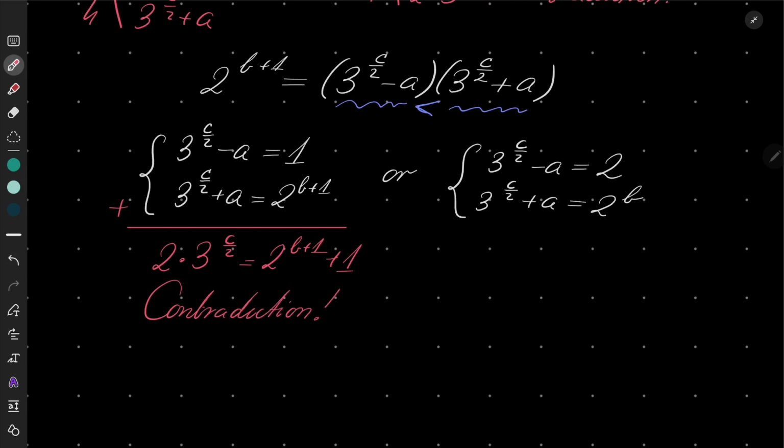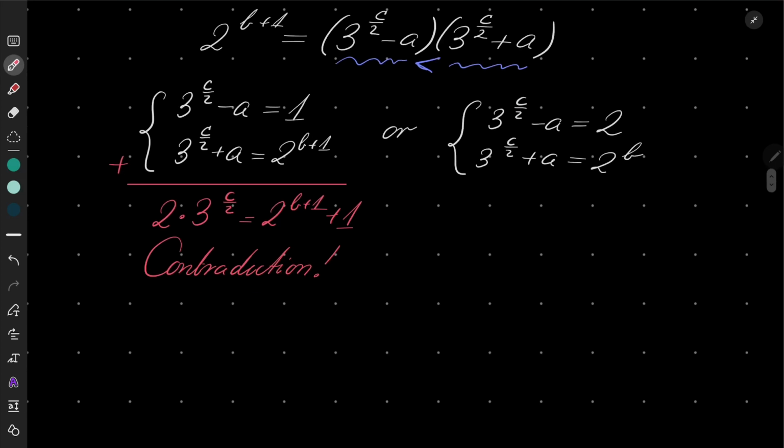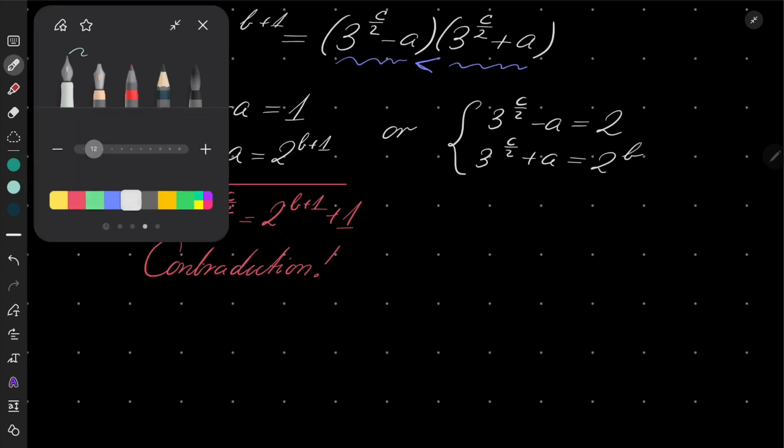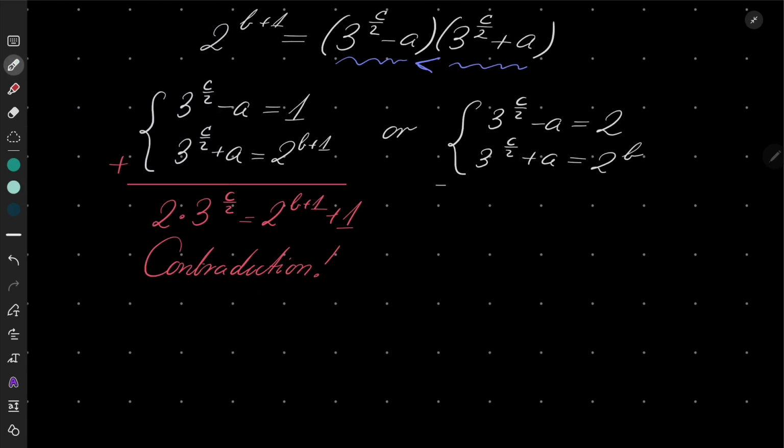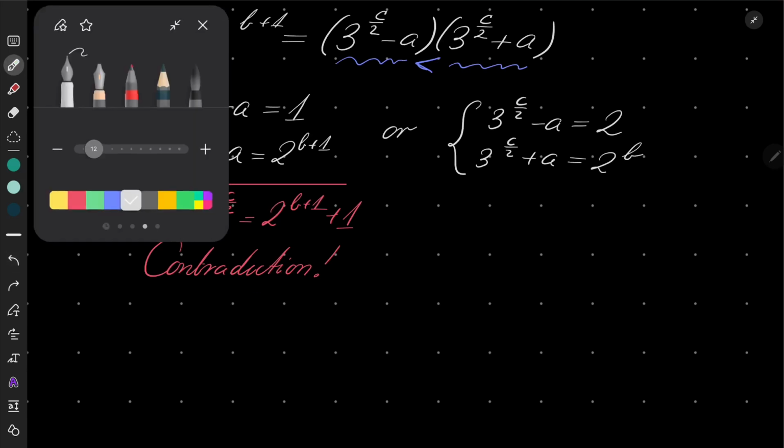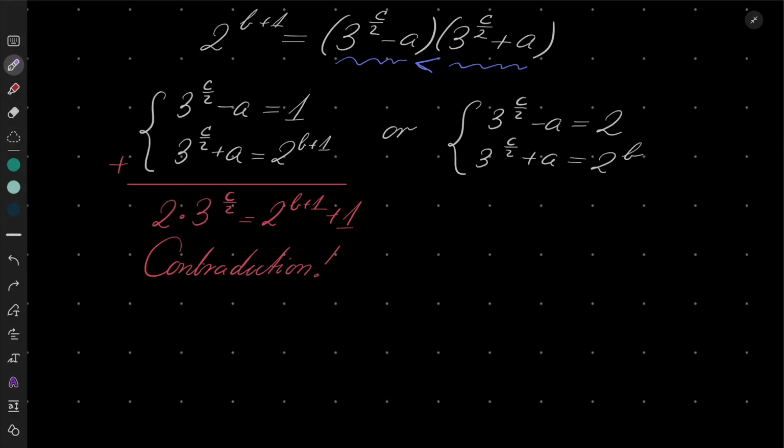Okay, so we are left with only one possibility with this system of equations. And now let's do the following. Let's deduce a from this system, namely a equals 3 to the power c over 2 minus 2. Yes.